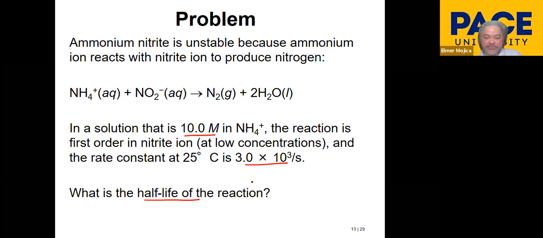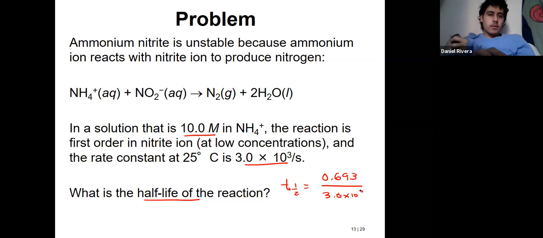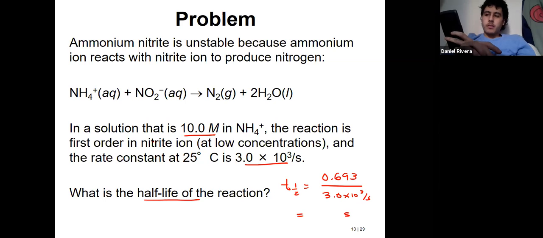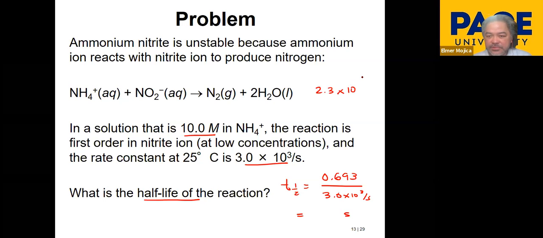So, right? Then you can always put 0.693 divided by 3 times 10 to the third, and you will get the half-life as equal to what? 2.3 times 10 to the power of -4 or -3.